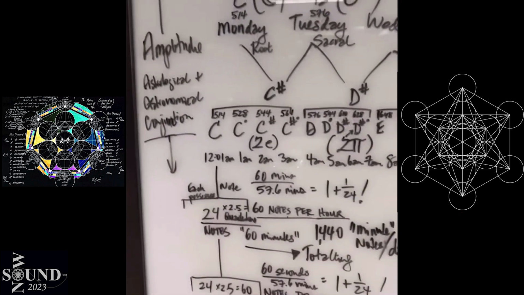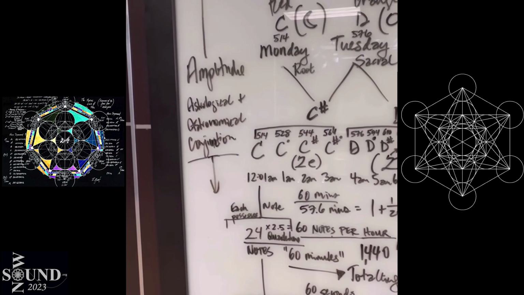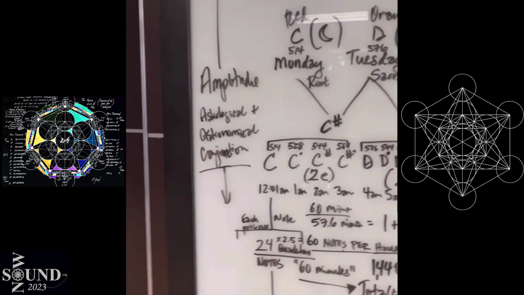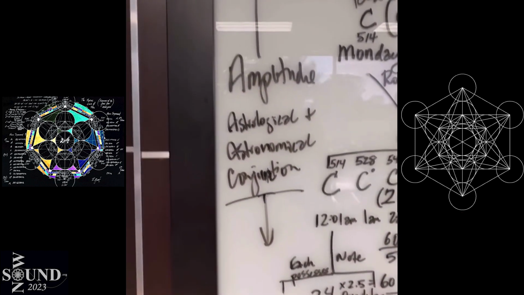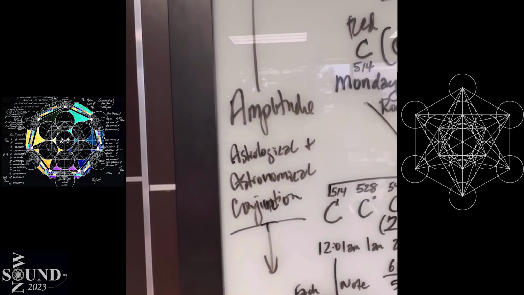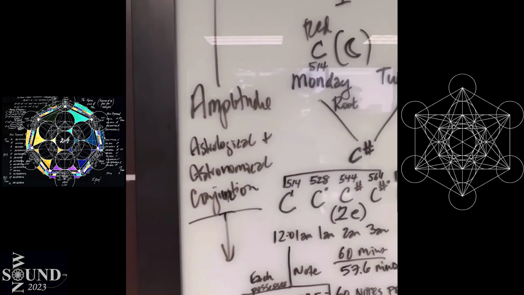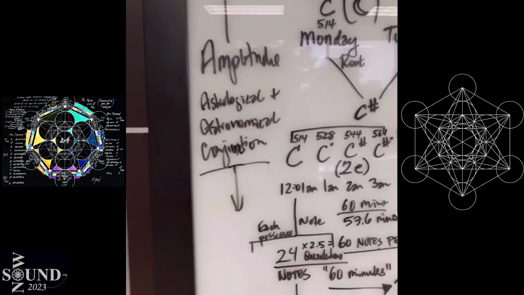Now, what about the 60 minutes and the 60 seconds within each minute? What we're really looking at here is an amplitude of astrological and astronomical conjunctions that then form musical notes. This also mirrors the prime number pattern.